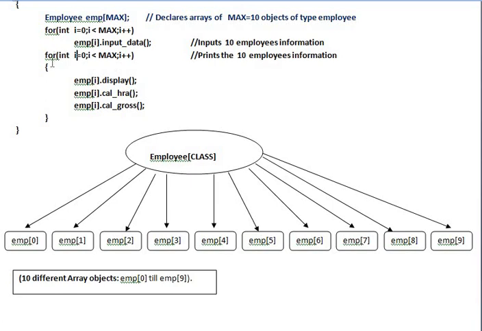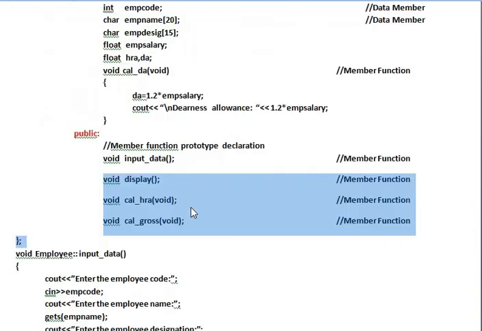Now if you come inside the body of this for loop, when the value of i is 0, this is the first object, emp0, because emp[i], when the value of i is 0, becomes emp0. With the help of emp0, I am trying to access these member functions display, cal_hra, and cal_gross.